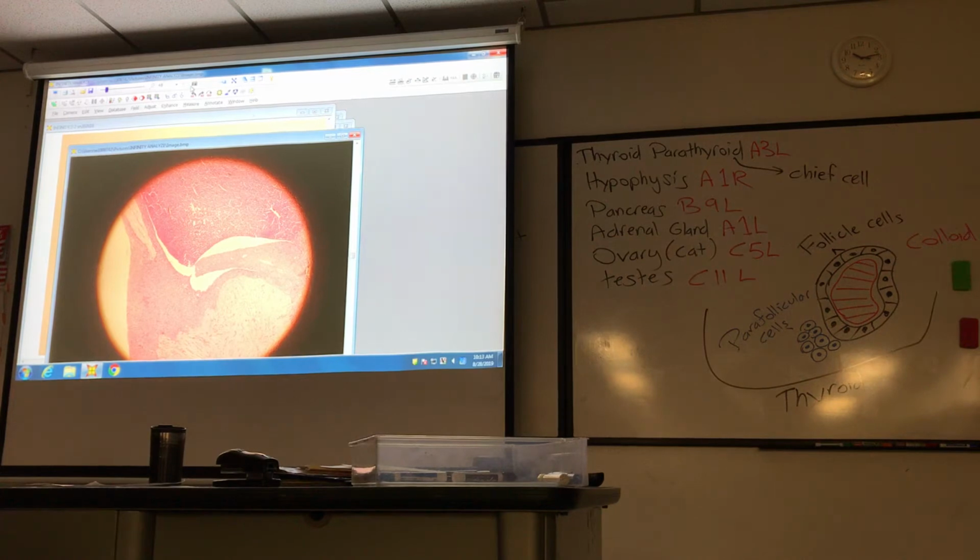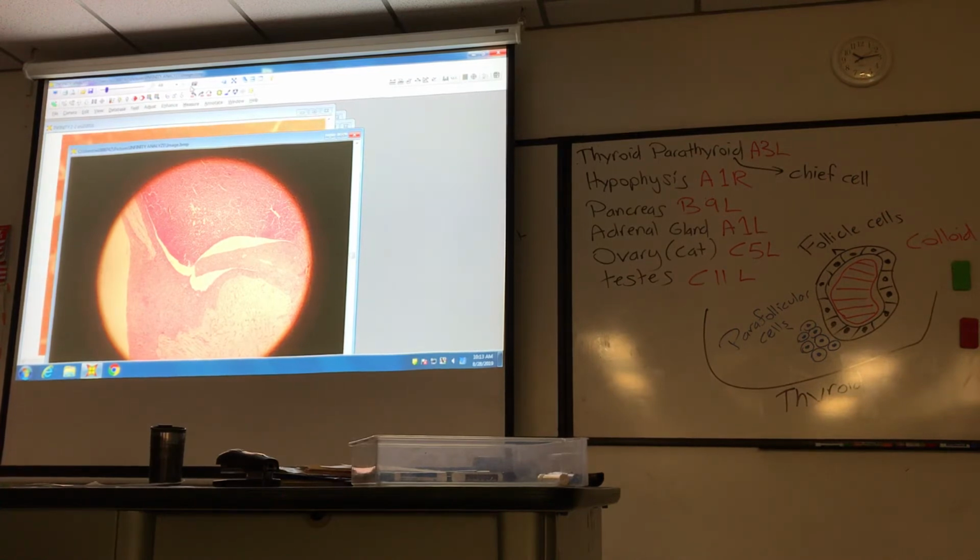Pancreas. I didn't teach that yet, but I'm concerned with blood sugar regulation, and those hormones come from these little clusters of cells, these little islands of cells, or islets. So that's why you have to be able to identify pancreatic islets on pancreas.